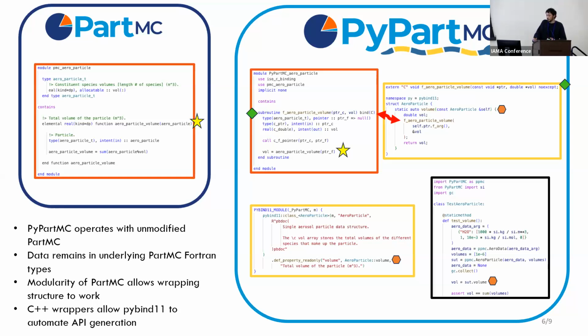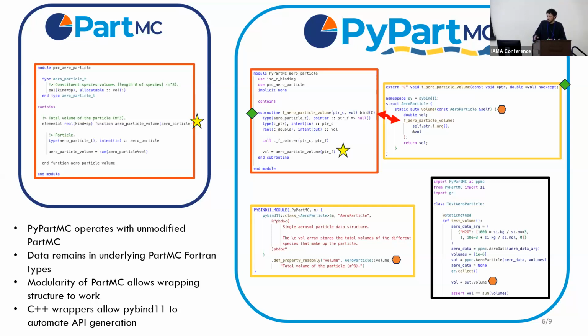And then within this file, there would be all the associated subroutines and functions that go along with this derived type. In this particular example, I'm just showing a single function that computes the total volume of a particle.